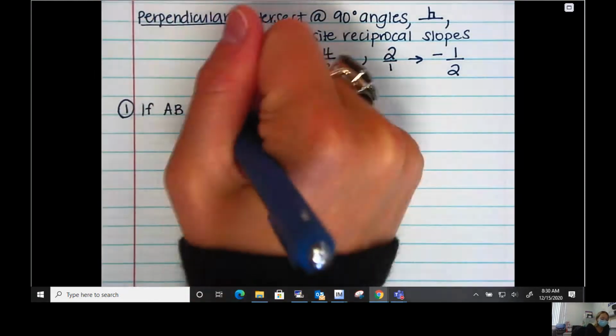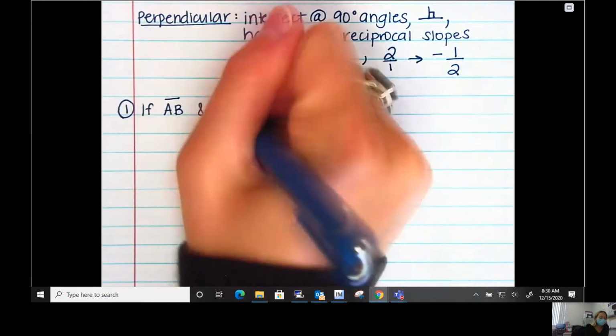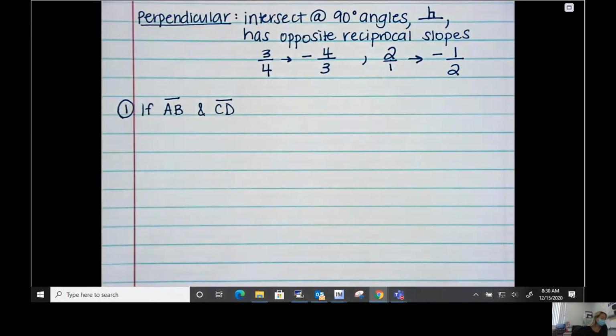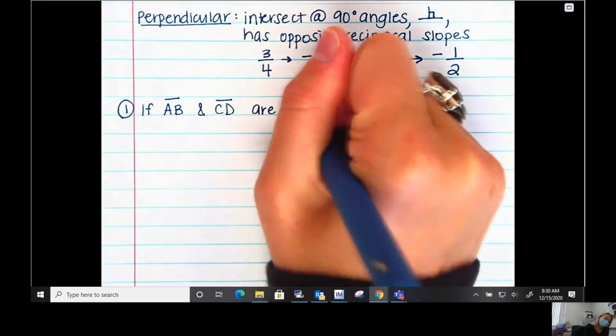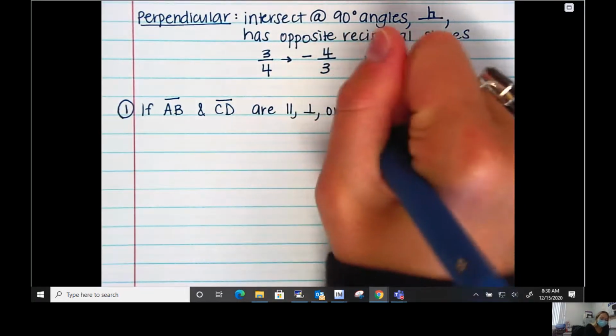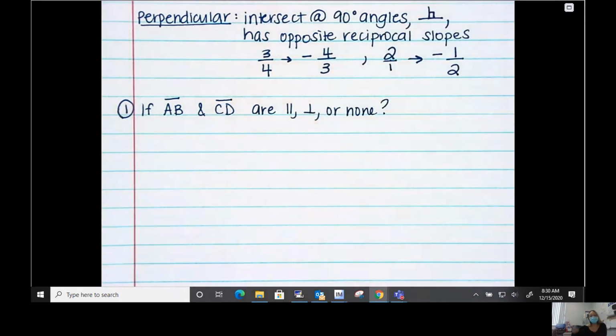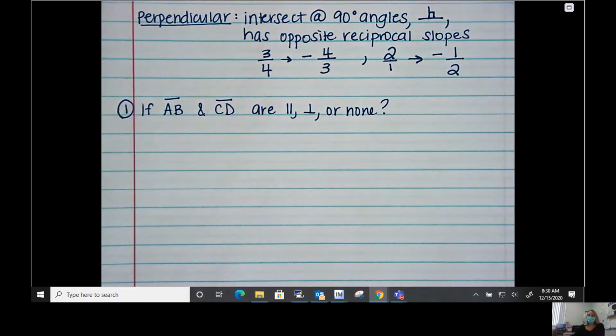Okay, so my first example is I want to know if line AB and line CD are parallel, perpendicular, or neither. So if they're parallel, they have the same slope. If they're perpendicular, they have opposite reciprocal slopes.